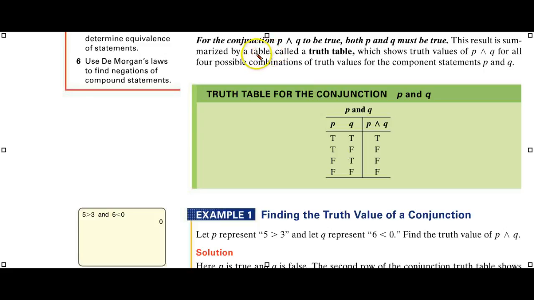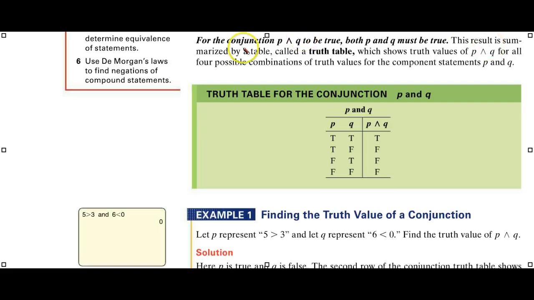So for the conjunction P caret Q to be true, both P and Q must be true.